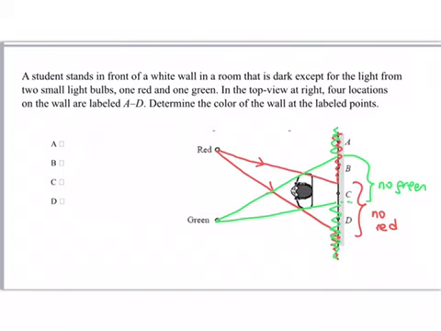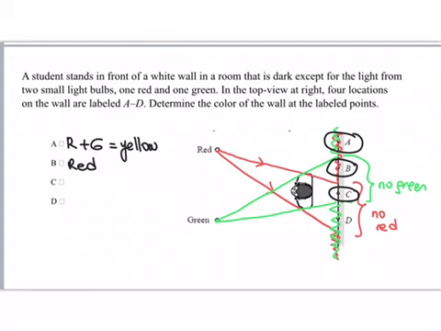So when you look at A, it will be red plus green, which will be observed as yellow. In B, only red reaches, so B will be observed as red. In C, no light reaches, so it will be observed as black. And in D, only green reaches, so it will be observed as green.